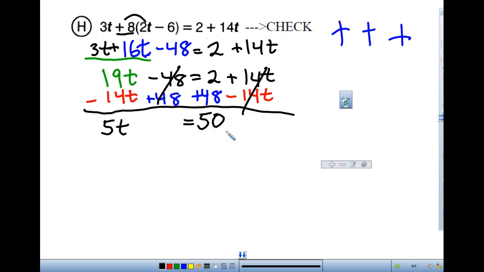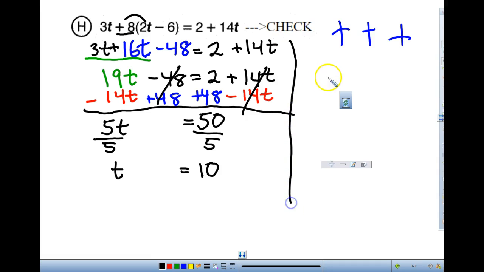Of course, you probably already know the answer, but still show the next step to prove the answer. Yes, prove it. 50 divided by 5. Nice.